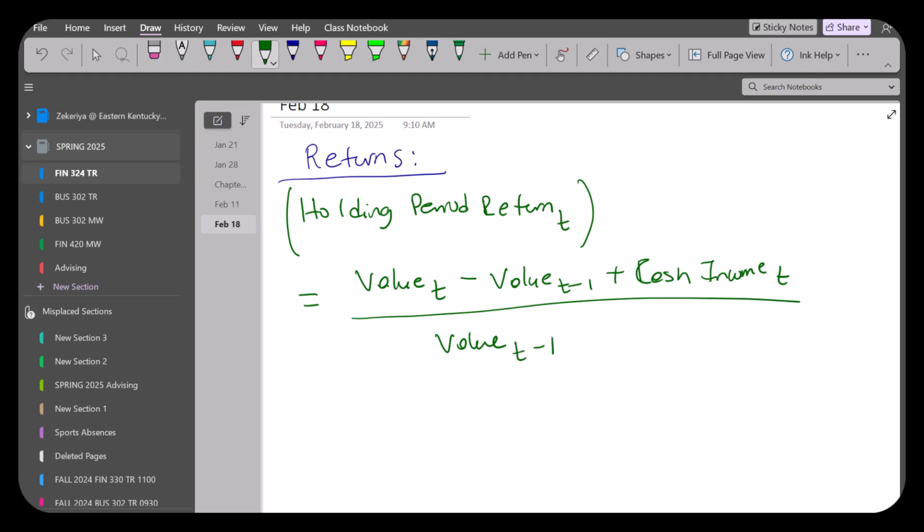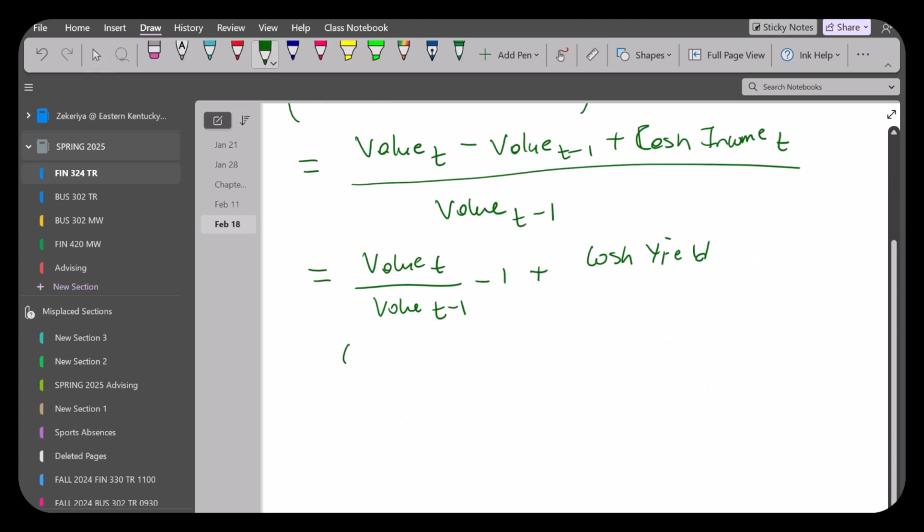Or we can rewrite this as value at T divided by value at T minus 1, minus 1, plus, I'm going to call this cash yield.